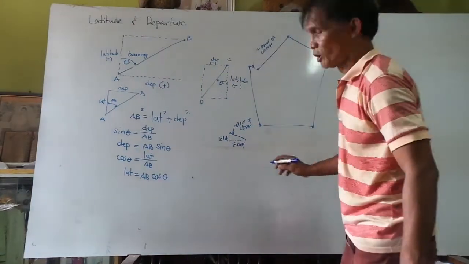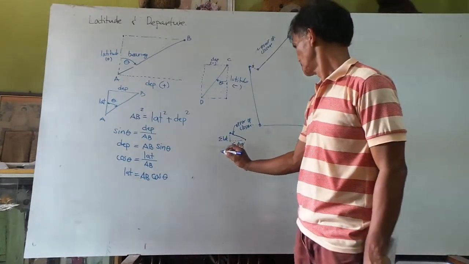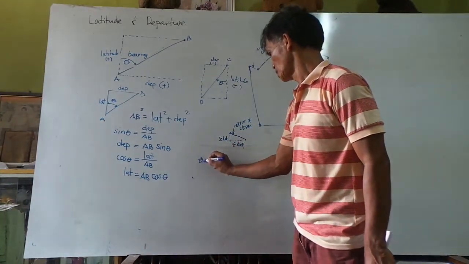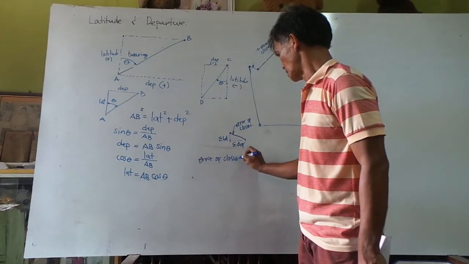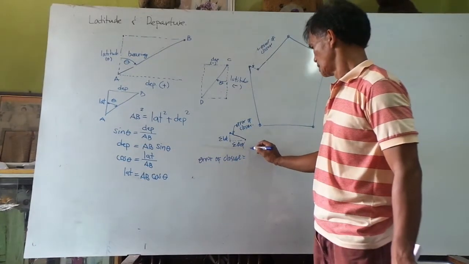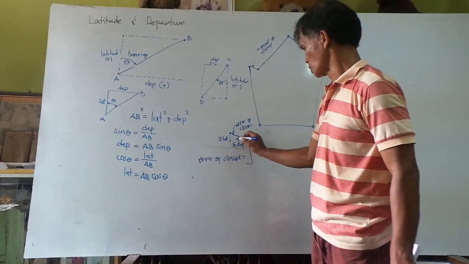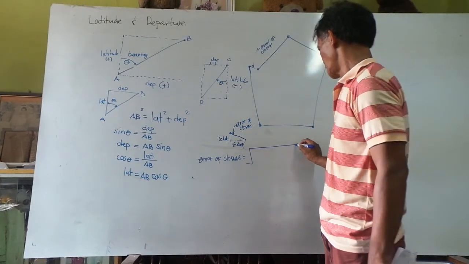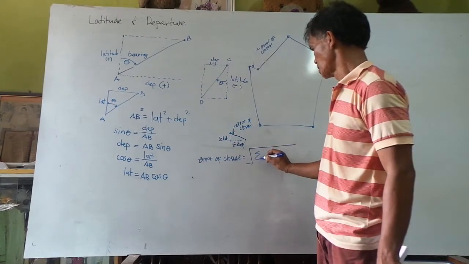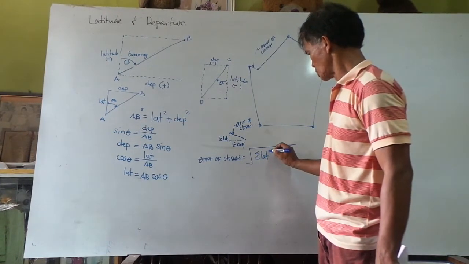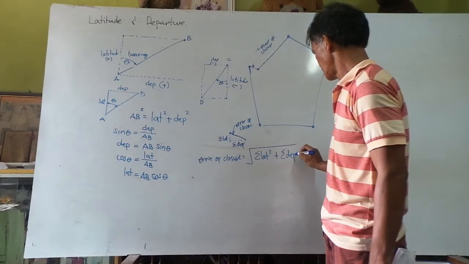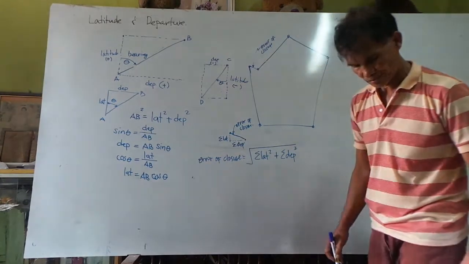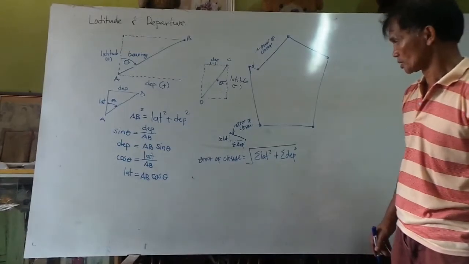Okay? So, the error of closure is defined by the Pythagorean theorem, I'll give it to you. It is just equivalent to the square root of the summation of latitude squared plus the summation of departure squared. That's the error of closure.